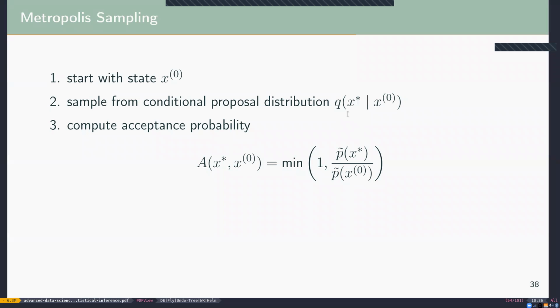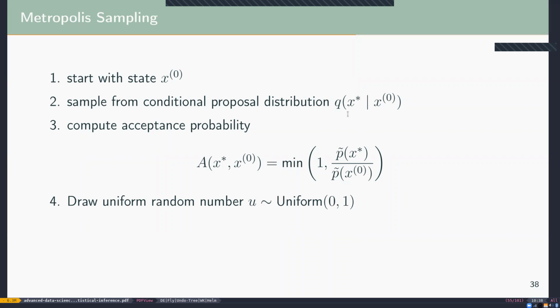Think of having two bumps like this, and you're in one bump, and you just want to draw samples here, you get high probability all the time, this is exactly the stuff that you want, but then you will never reach this one. So sometimes you need to do something bad to do something better. And this is what's called a Markov chain.